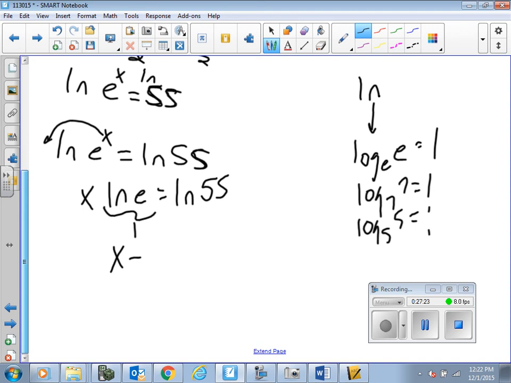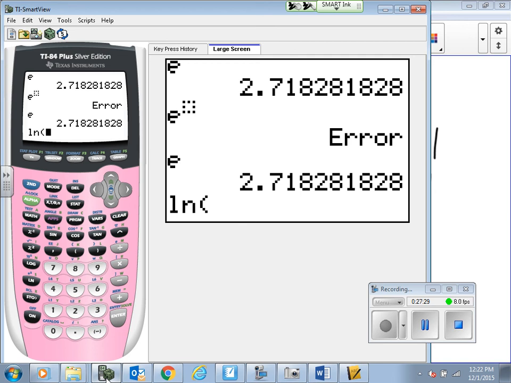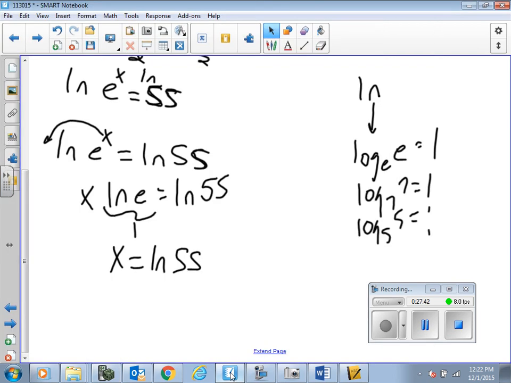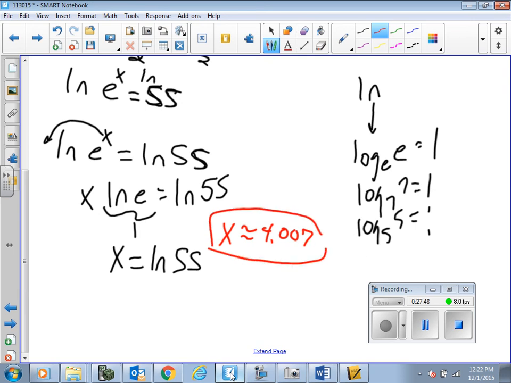We just have x. x equals the natural log of 55. So what is the natural log of 55? Get that? 4.007. So x is approximately 4.007.